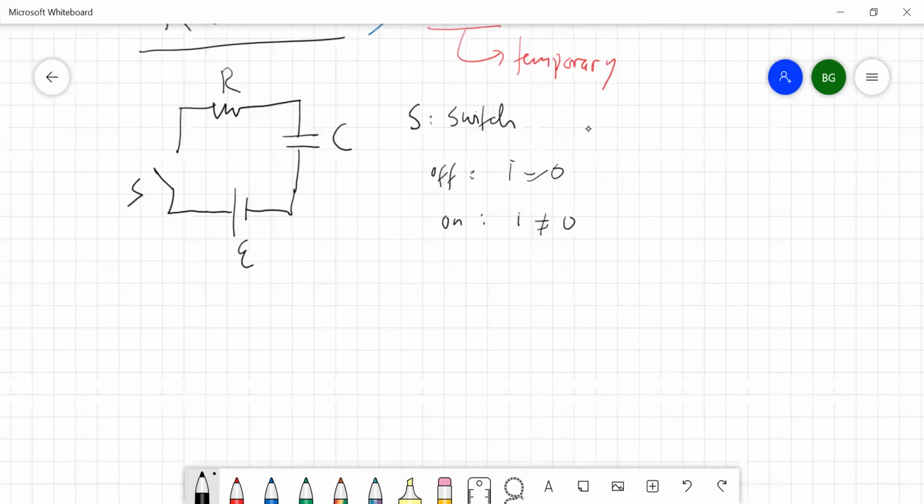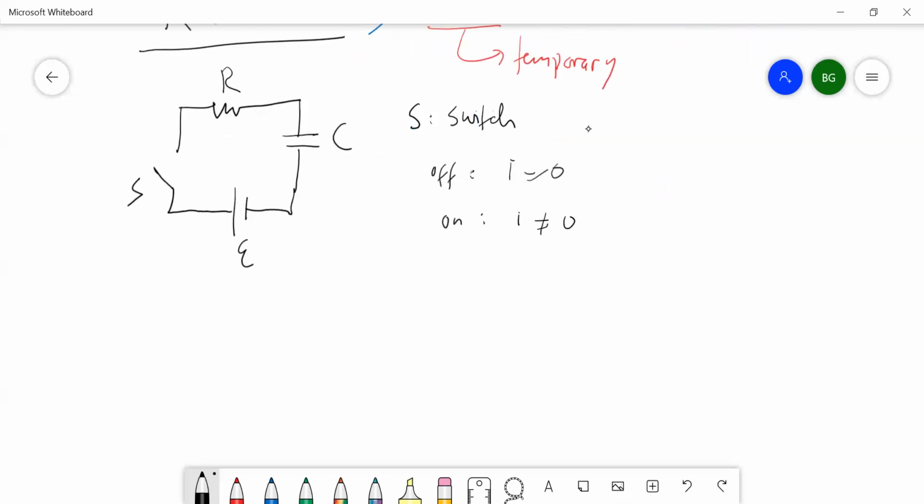From the second Kirchhoff law, we have epsilon equals I times R plus the potential at the capacitor.